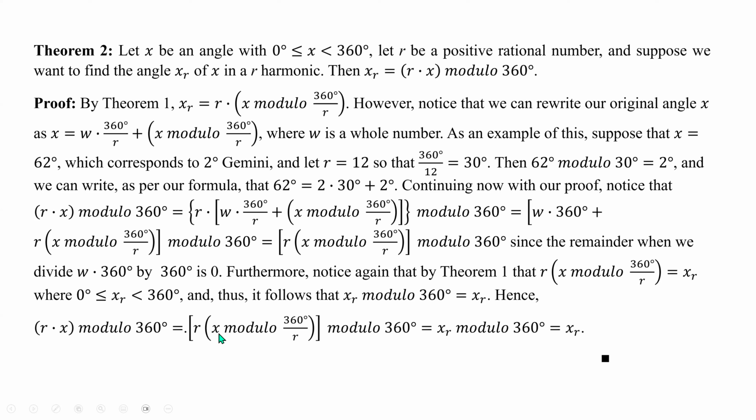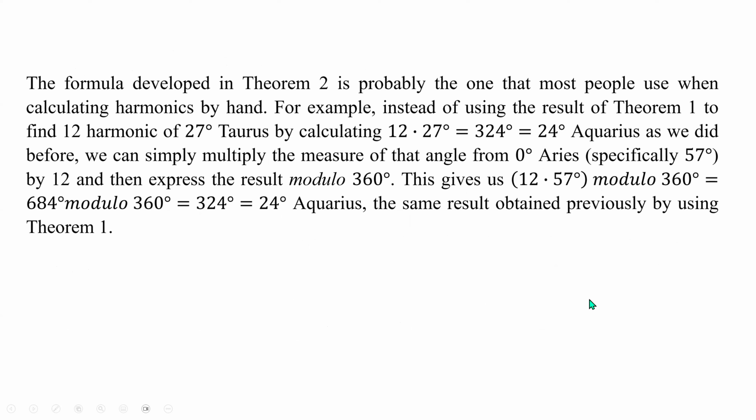But let's see, r times x modulo 360 degrees over r, you've got that up here. That is the angle x of r we're looking for. So you get x of r modulo 360 degrees. But this angle x of r is going to be less than 360 degrees, so modulo 360 degrees, you just get back the same thing, x of r.